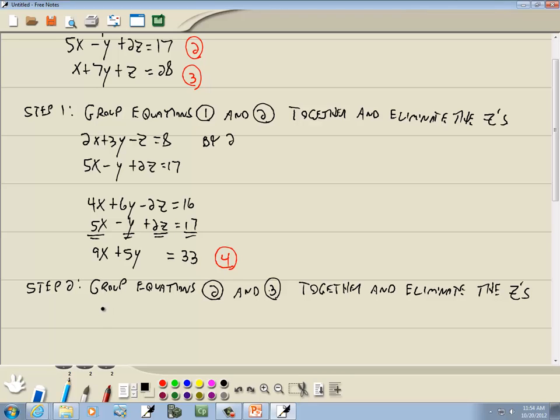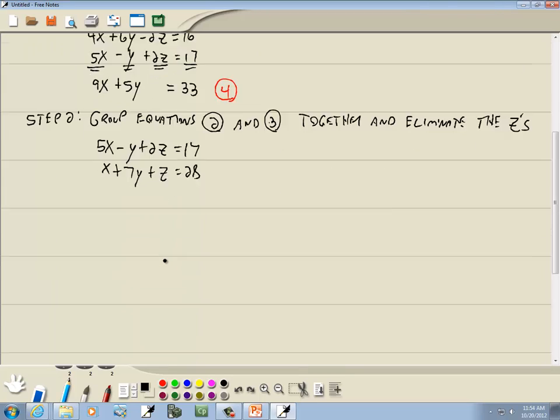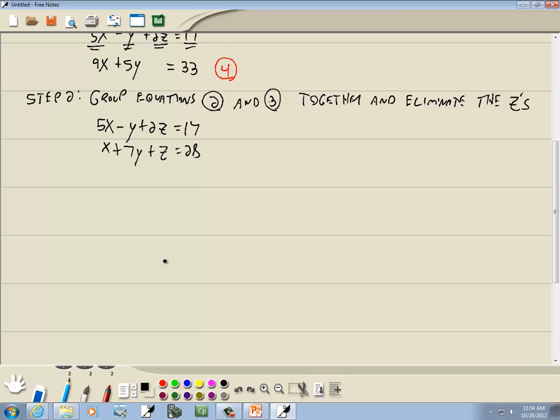Okay, so our second equation is 5x minus y plus 2z equals 17. And then x plus 7y plus z is equal to 28. Now, this is a positive 2z. If this one was a negative 2z, then I'd be able to add these together and eliminate the z's. So I'll multiply the second equation by negative 2.